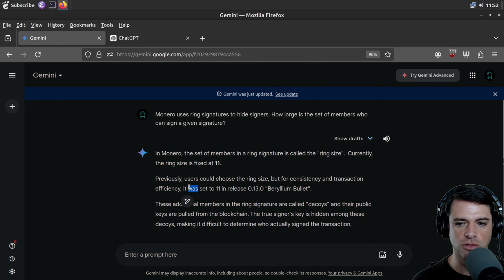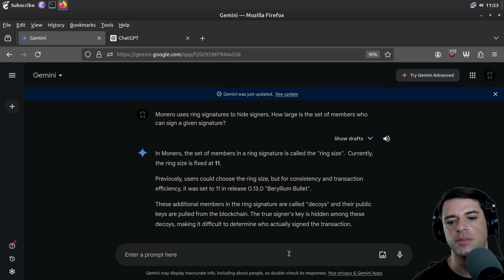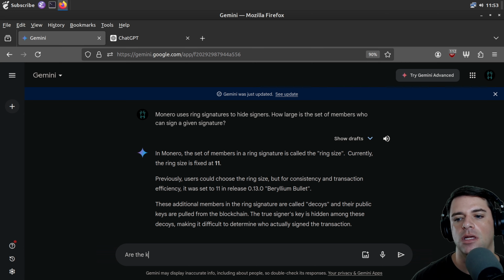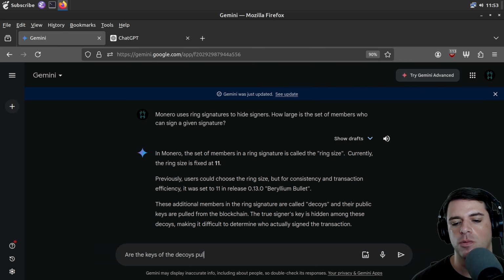Previously, users could choose the ring size, but for consistency and transaction efficiency, it was set to 11 in the Beryllium Bullet release. The additional members of the ring signature are called decoys, and their public keys are pulled from the blockchain. Okay, so I guess these are pulled relatively randomly. Are the keys of the decoys pulled randomly?